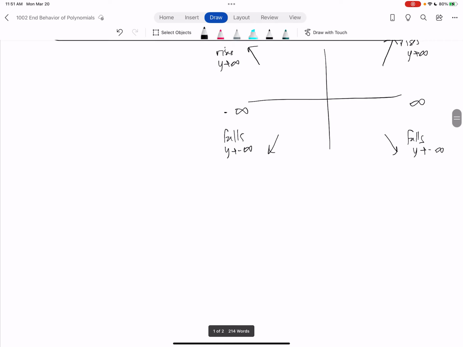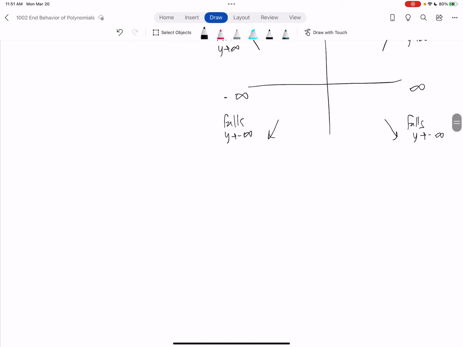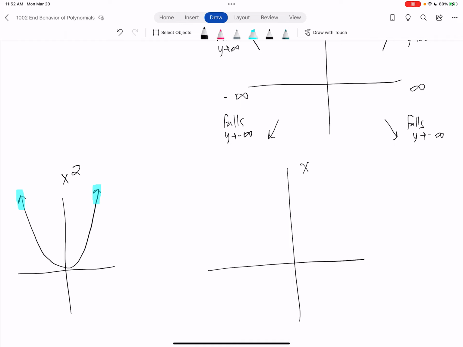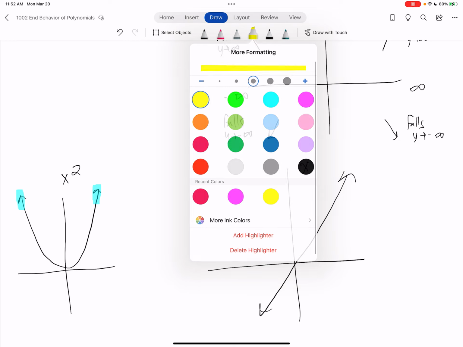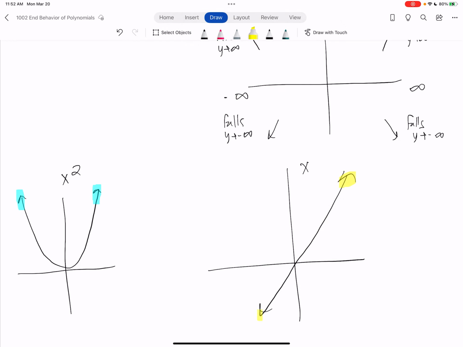So let's think about what happens here. When you think about the graph of x squared, you should think about a parabola like this. And notice that the two ends are both going in the same direction. Whereas when you think about the graph of x, a line, one end is going up while the other end is going down.